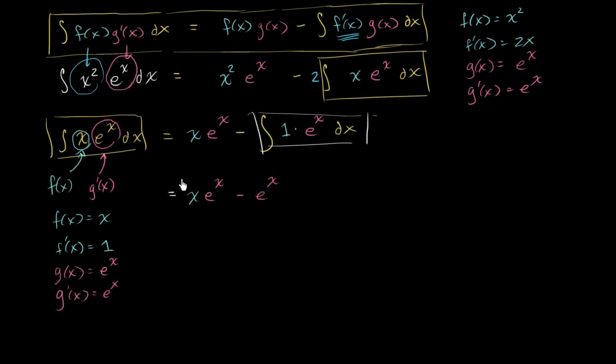So minus e to the x. And then we can take this and substitute it back. This is the antiderivative of this. So we can substitute it back up here to figure out the antiderivative of our original expression.